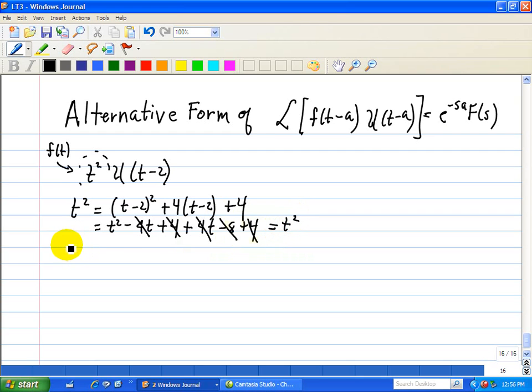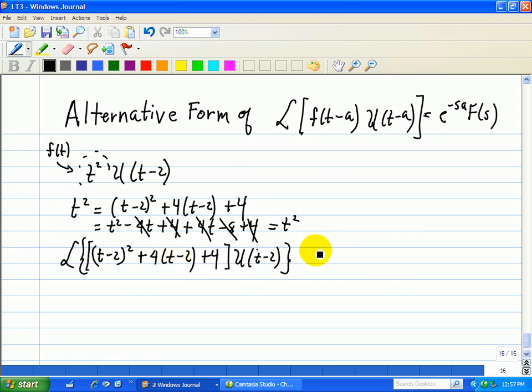Now finding the Laplace transform of (t minus 2) squared plus 4(t minus 2) plus 4 multiplied by this delayed step of t minus 2, we can evaluate it term by term.